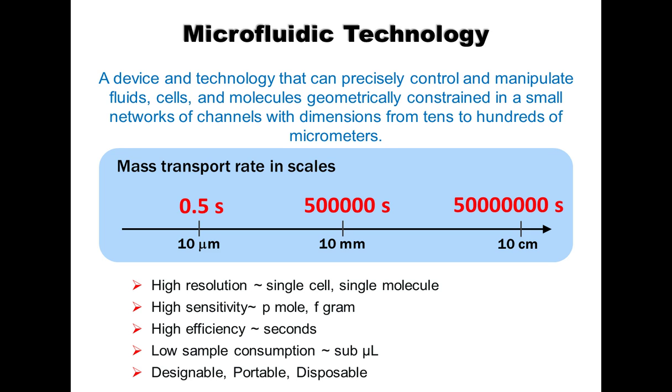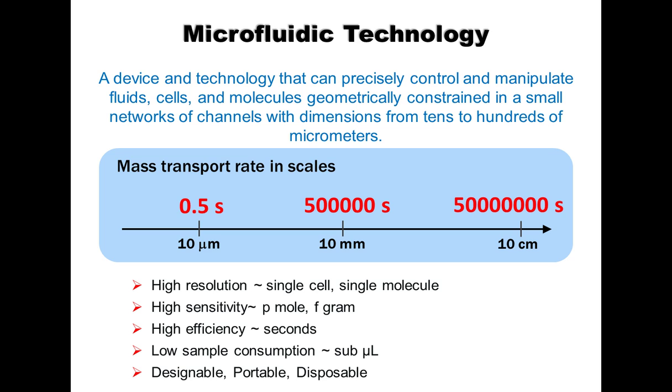technology that can precisely control and manipulate fluids, cells, and molecules geometrically constrained in a small network of channels with dimensions from tens to hundreds of microns. A micron is a really small scale.